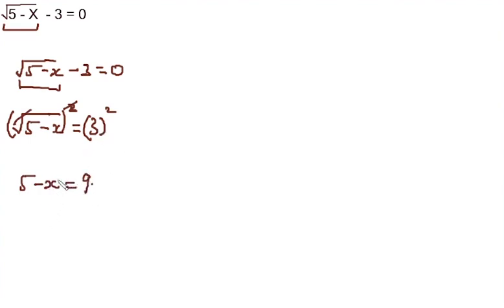Making x the subject of the formula, I have minus x is equal to, moving 5 over to this side, it becomes negative 5, so 9 minus 5, which is 4. And then I'll be dividing both sides by minus 1 to eliminate this negative here. So I have x is equal to minus 4.